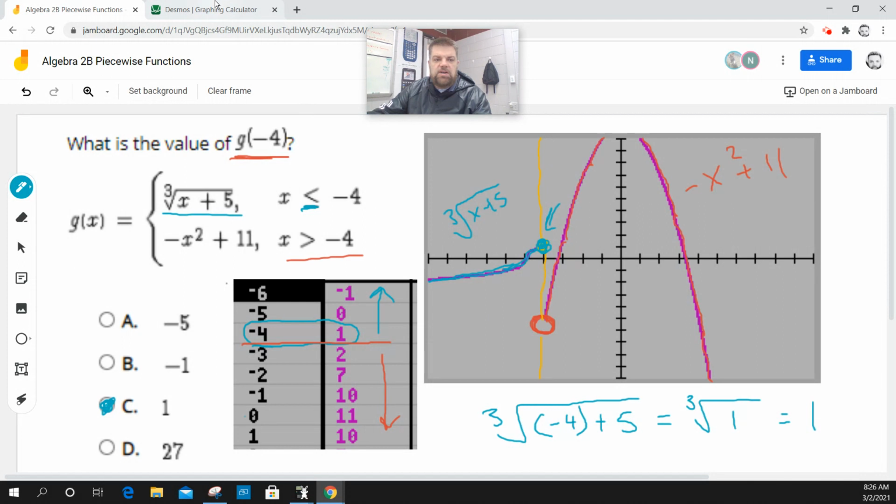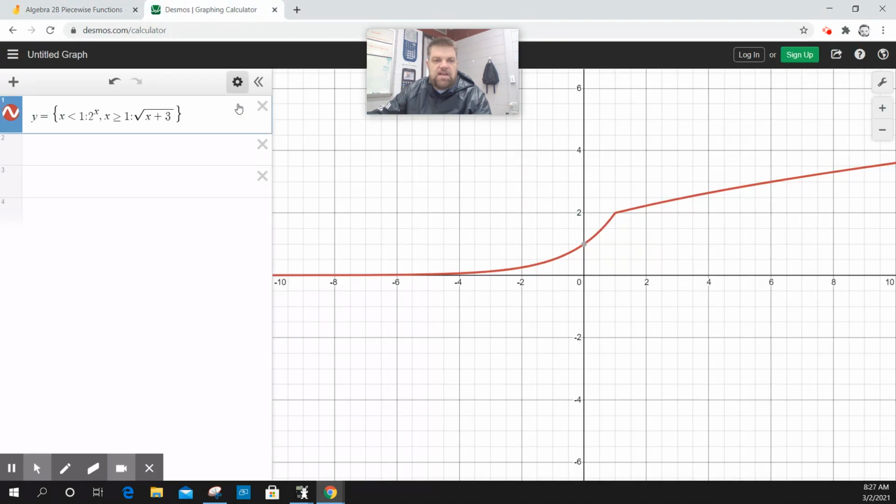Now, real quick, I'm going to graph this. I just want to show you guys how to graph this on the Desmos calculator if you're at home. This is very similar to the TI calculator. We're just going to define the domain first. So the first one would be x is less than or equal to -4. The expression is the cube root.